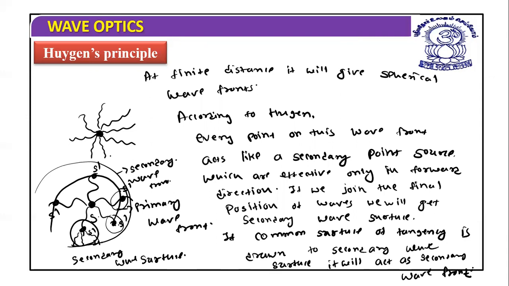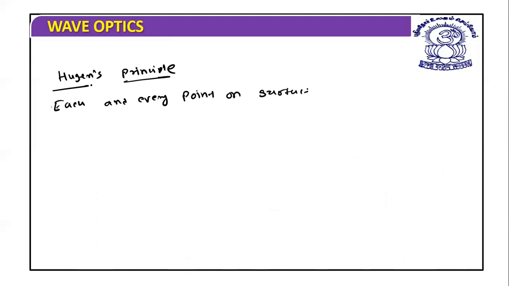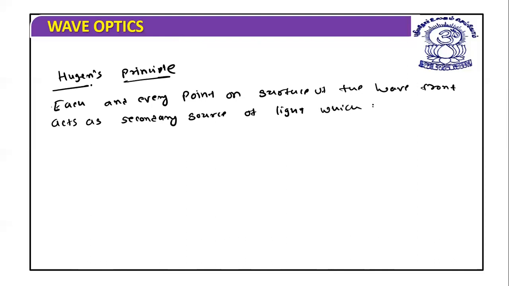So, if we summarize Huygens' principle, we can say the statement says that each and every point on the surface of the wavefront acts as a secondary source of light, which emits secondary wavelets.